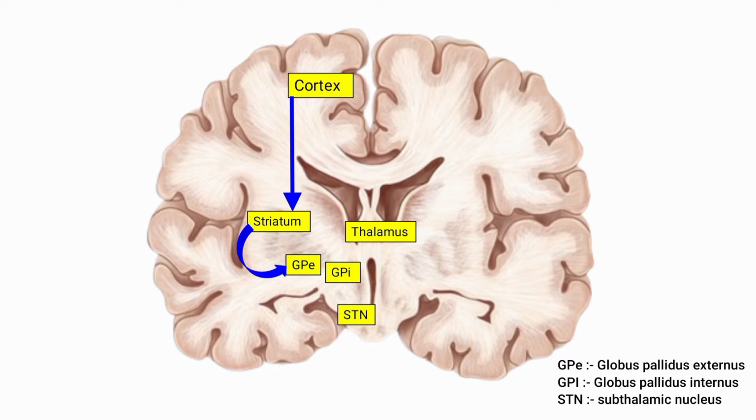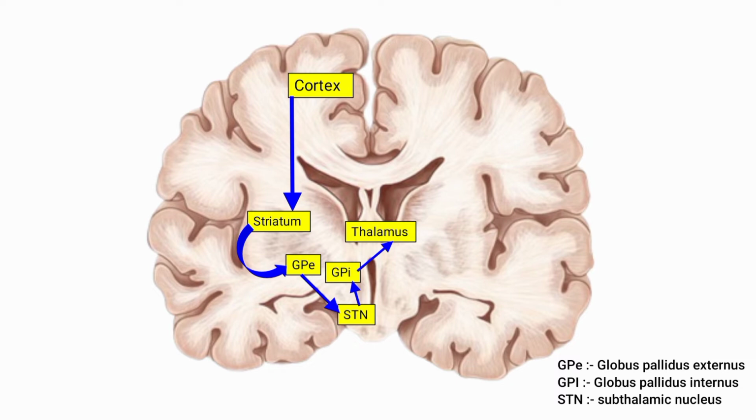Then from the globus pallidus externus, these axons move downwards to the subthalamic nucleus of the basal ganglia. From the subthalamic nucleus, we have axons that go back to the globus pallidus, but the internal component, the globus pallidus internus. From globus pallidus internus, these axons go to the thalamus.